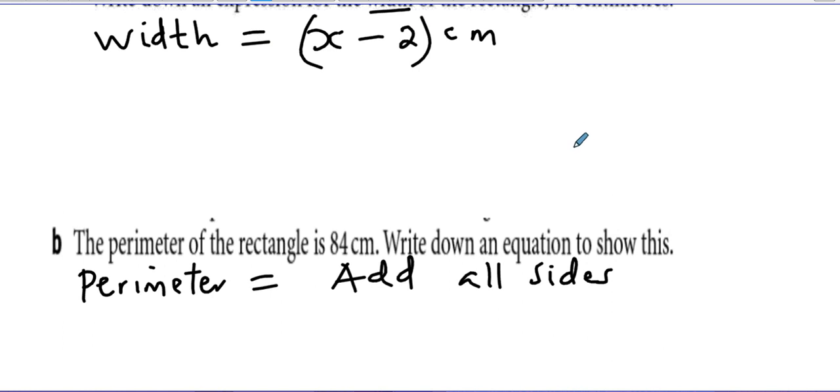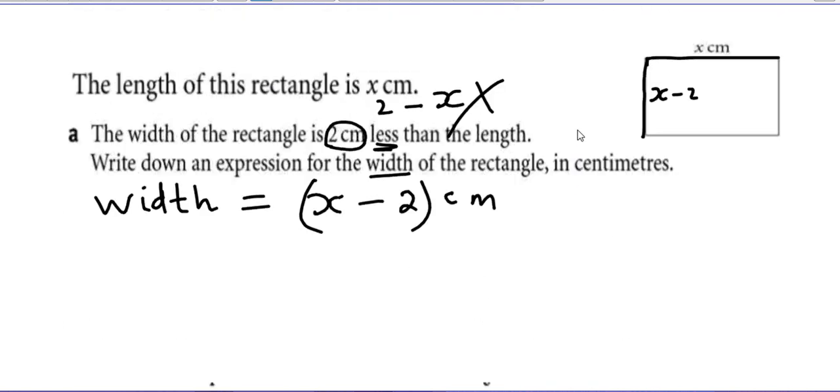Now adding all the sides, let us try to identify the sides. We have from here to here is x. So the same will apply here. So this will be x centimeters. Because from here to here is x, so even from here to here will be x. Now from here to here is x minus 2, so even here will be x minus 2.